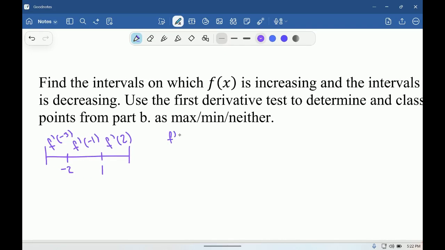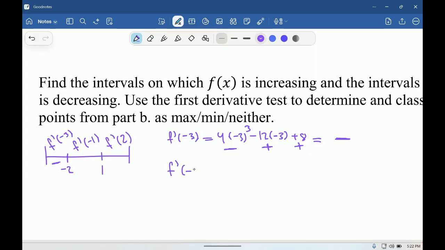So f prime of -3 is going to look like 4 times -3 cubed minus 12 times -3 plus 8. This is going to be a big negative number. This is going to be a smaller positive number, so this is going to be negative.